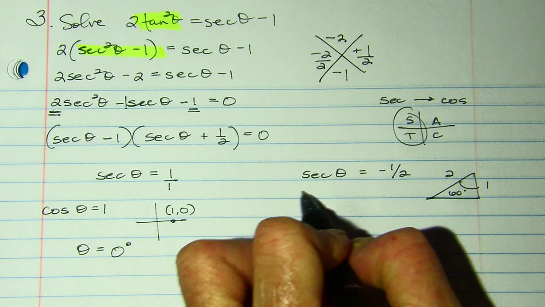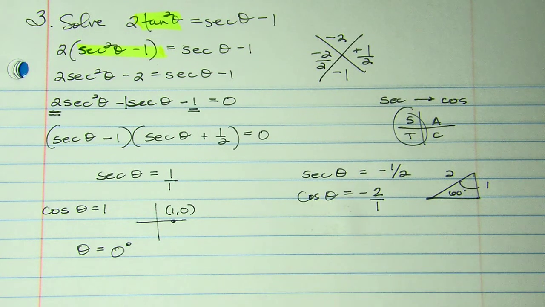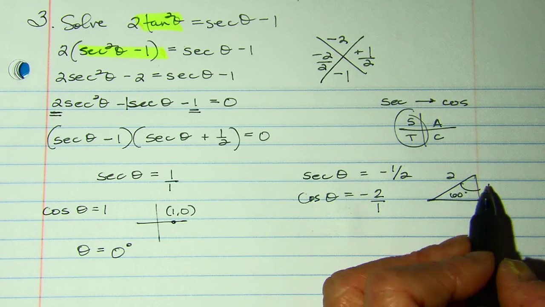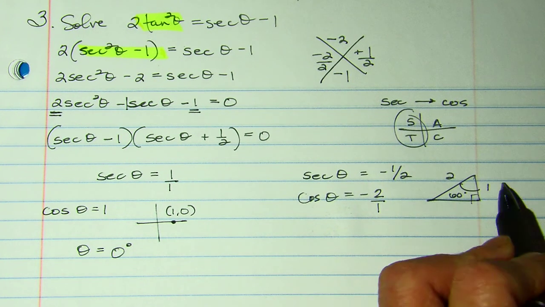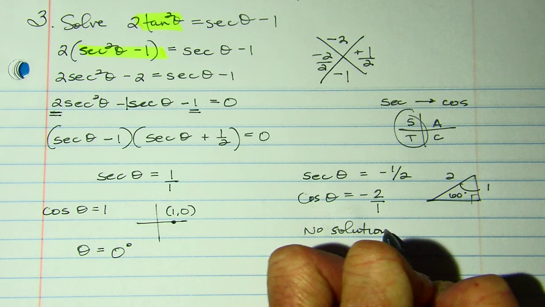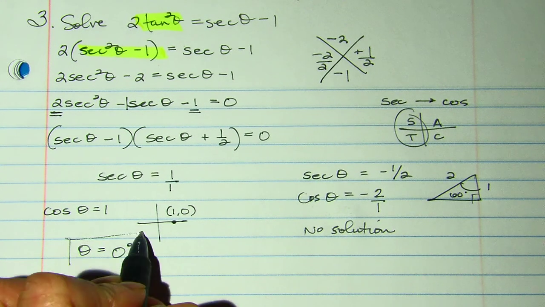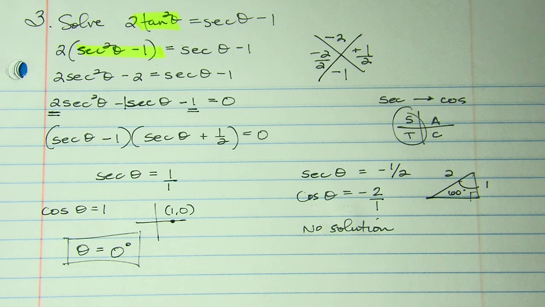When does the cosine of theta equal negative 2 over 1? Remember the reciprocal functions. And so the cosine never equals 2 over 1 because it's adjacent over hypotenuse. So this has no solution. You're not going to get a perfect negative 2. So the only solution was 0 degrees.